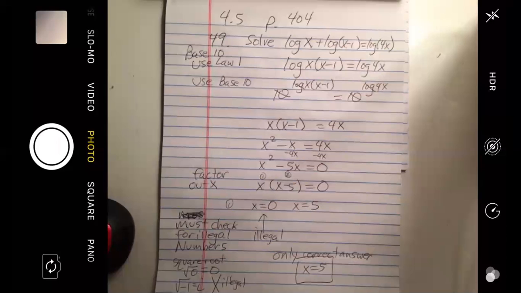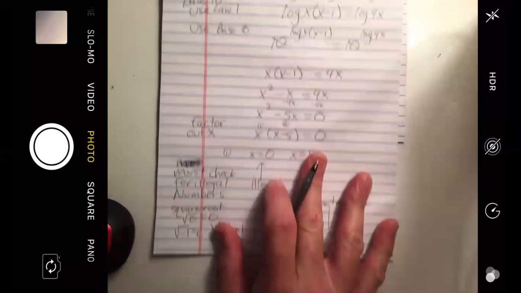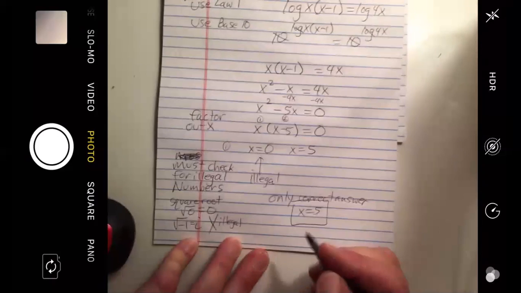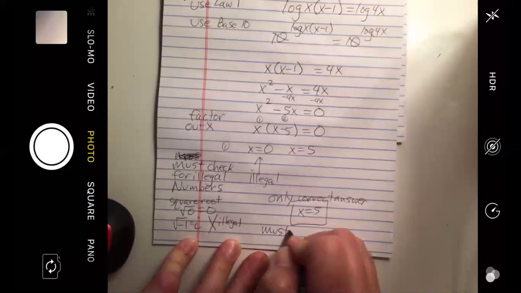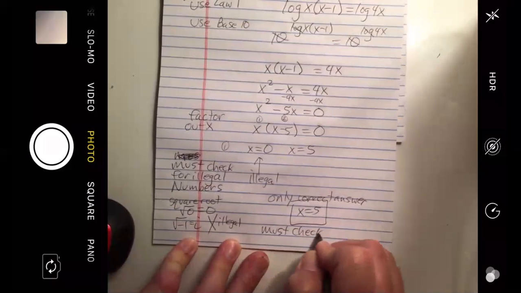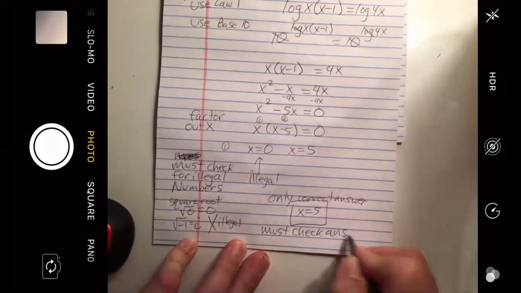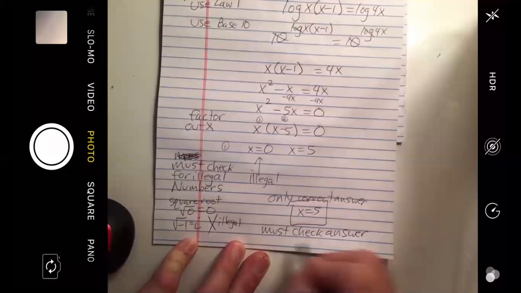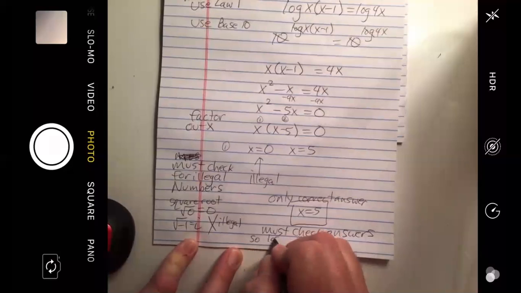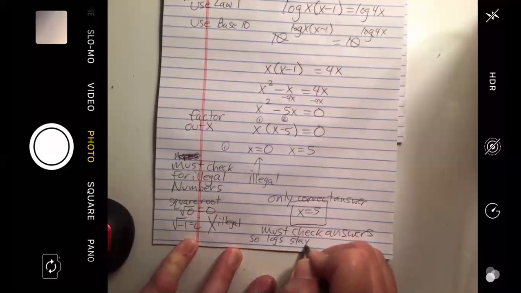But with log, you've got problems. You must check answers so your logs stay positive.